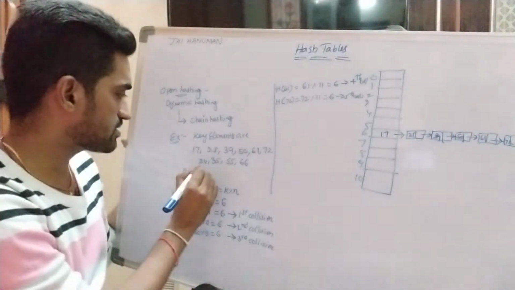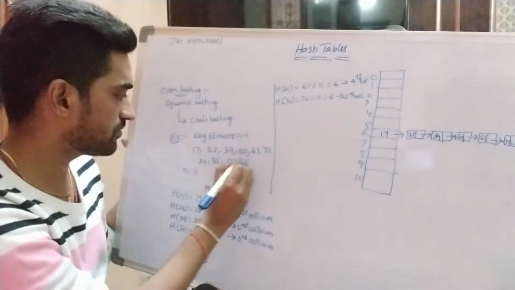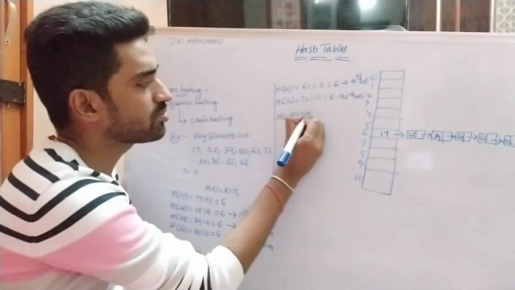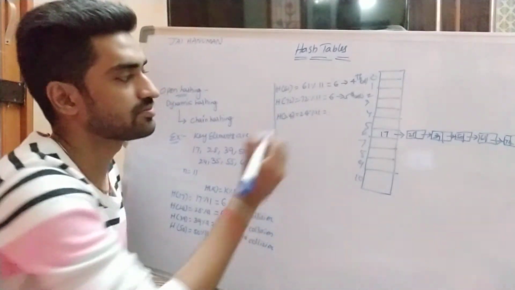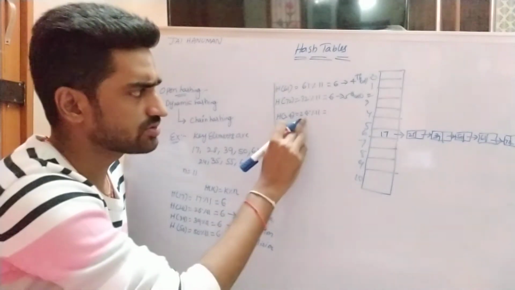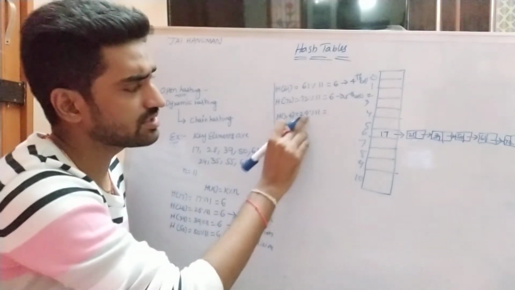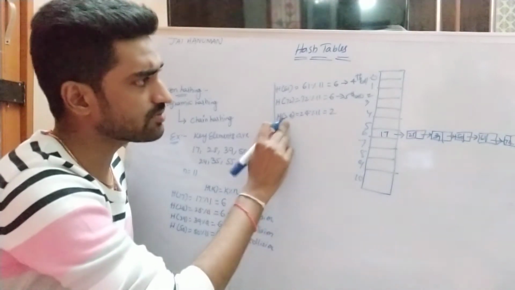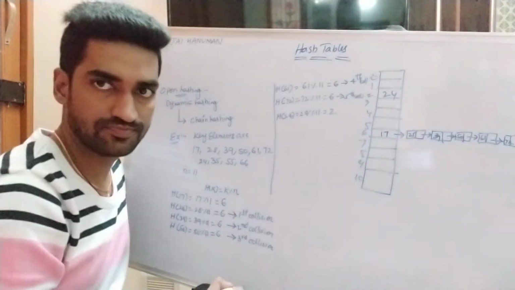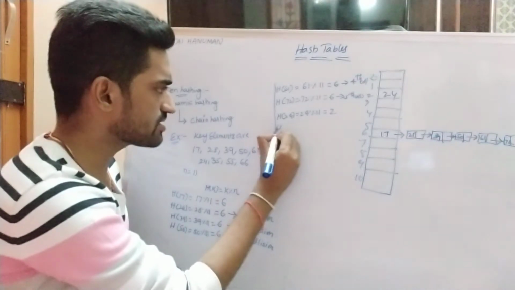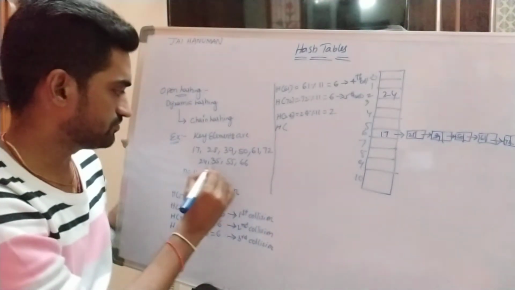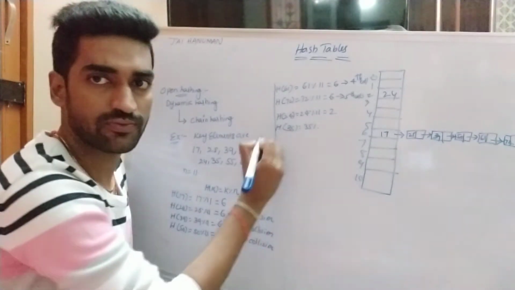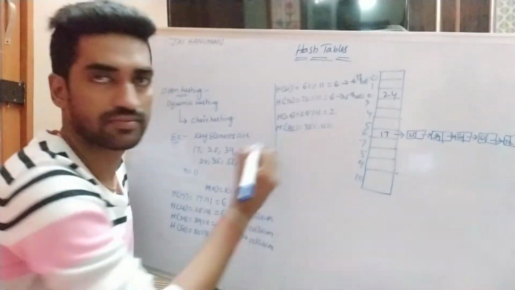What is the next inserted key value? H of 24. 24 modulo division of 11, it returns remainder as 2. At second position we are inserting 24. What is the next inserted key value? H of 35. 35 modulo division of 11.